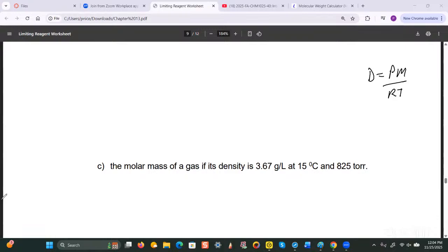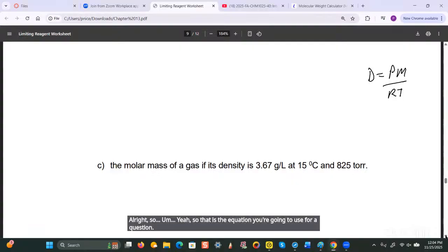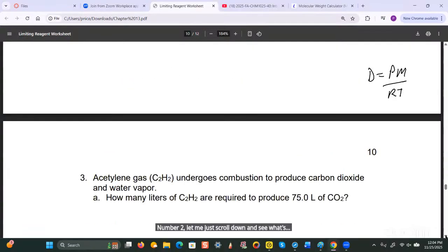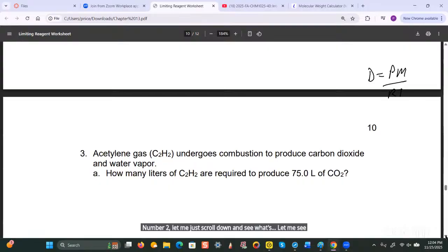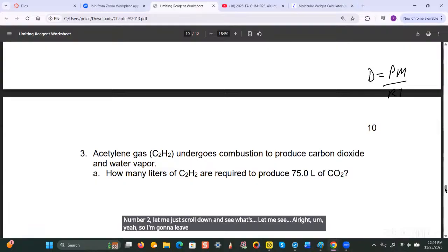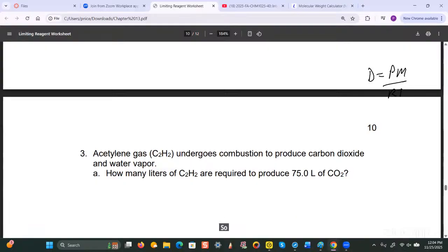So that is the equation you're going to use for question number 2. So let's move on to question number 3 in the time that we have left.